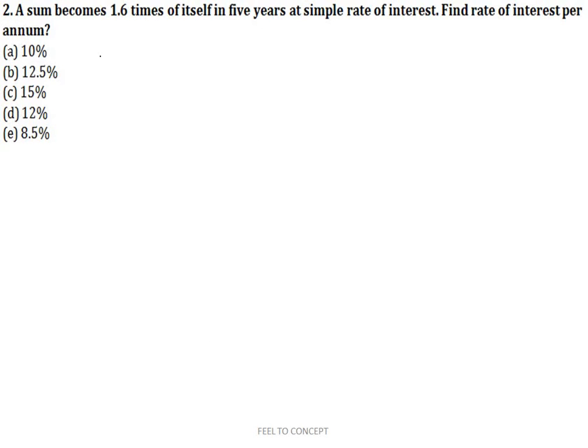The second problem is related to simple interest. The formula is SI equal to PTR divided by 100. P means principal, T means time, R means rate of interest, and SI means simple interest. Consider the principal as 1.